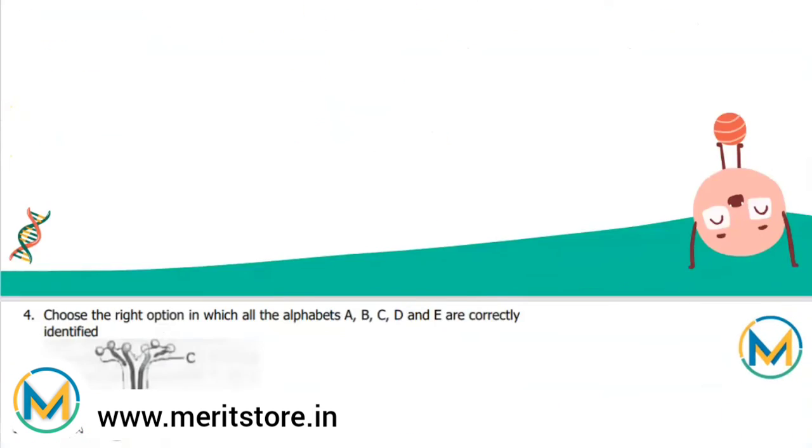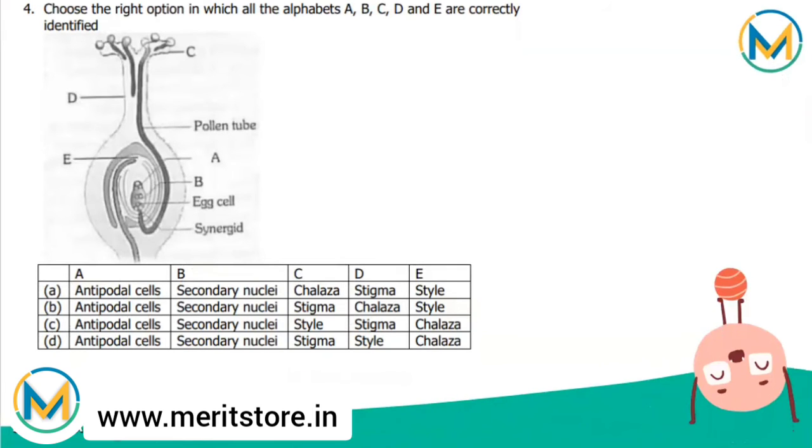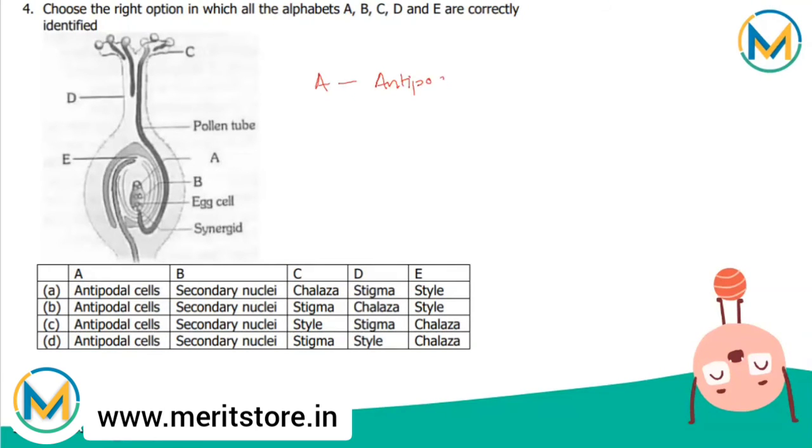Looking towards the next question, that is choose the right option in which all the alphabets A, B, C, D and E are correctly identified. Now looking at the figure carefully, we can see that A is antipodal cells.